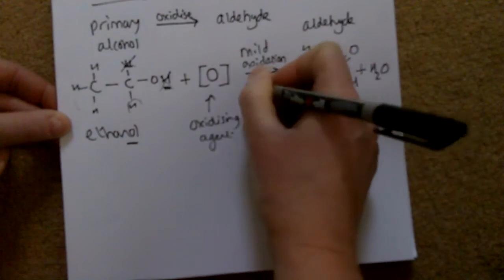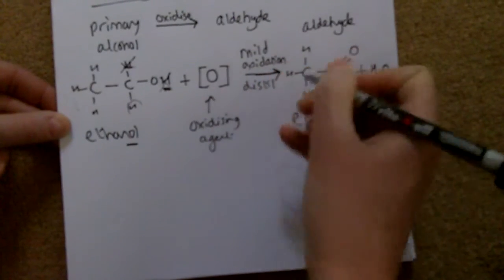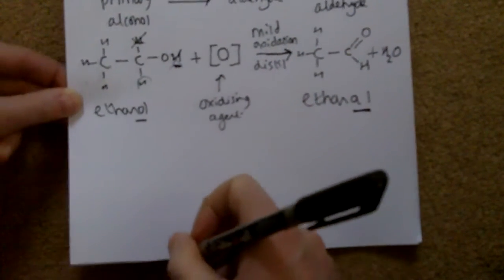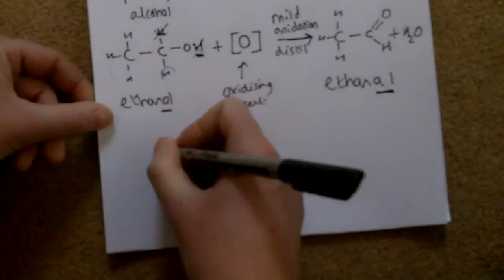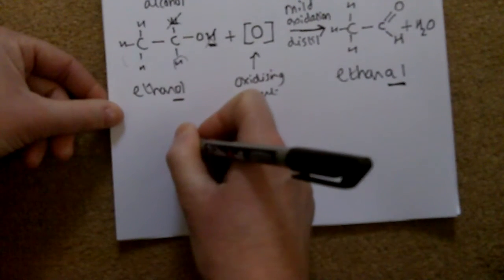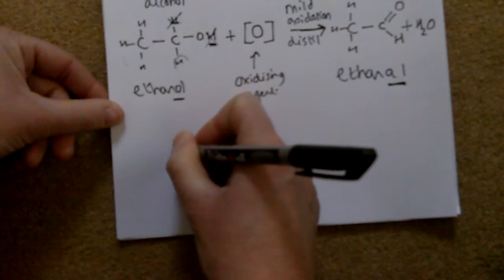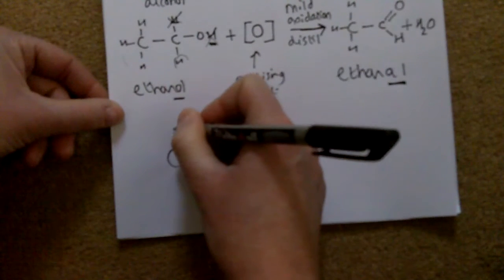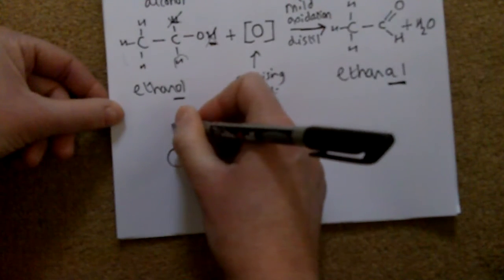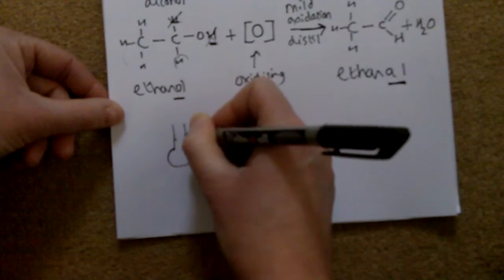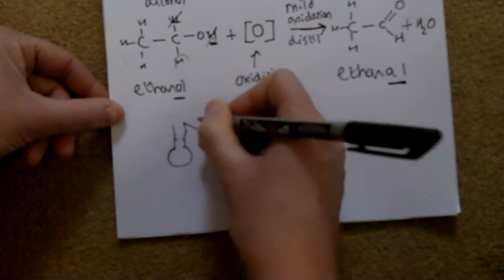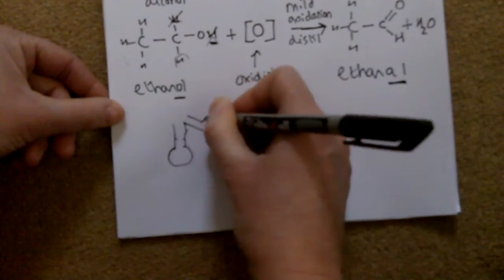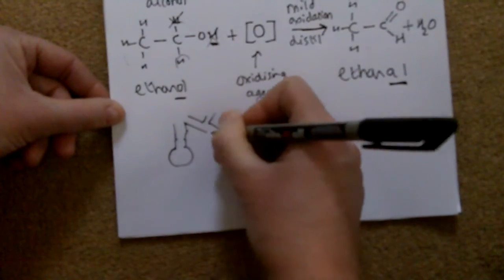And the conditions are distill, okay? Distillation is when you have a round bottom flask or a pear-shaped flask, round bottom flask, you have, I'm not very good at drawing, you have a condenser, called a condenser.